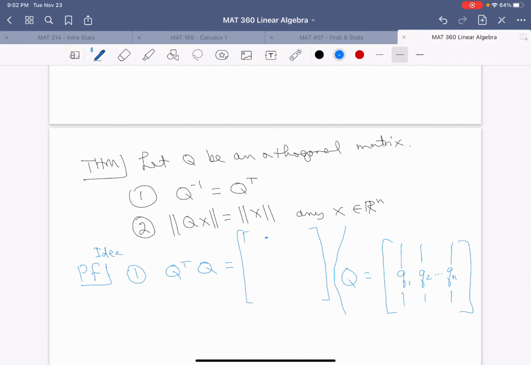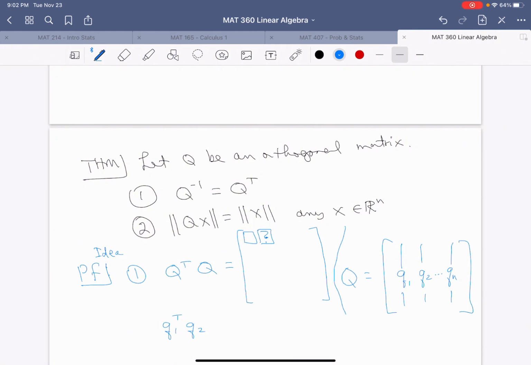Wouldn't it be Q1 transpose times Q2? Because we're looking at the first row of Q transpose and the second column of Q.